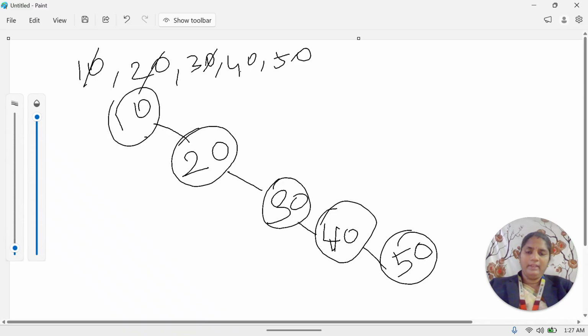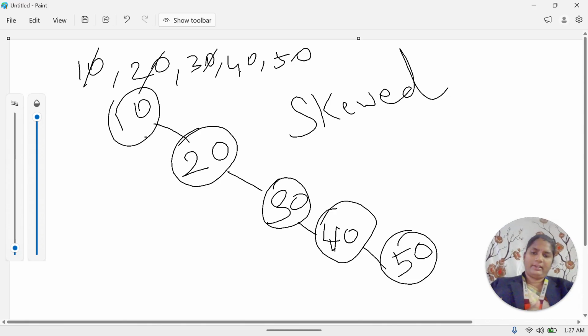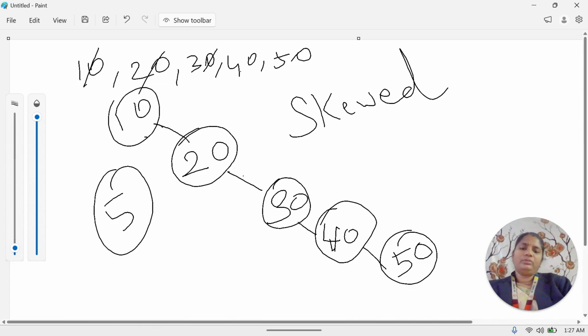In this case the binary search tree becomes skewed. It goes in one direction, and there is no left child. The height of the tree is 5, because 1, 2, 3, 4, sorry, 4.